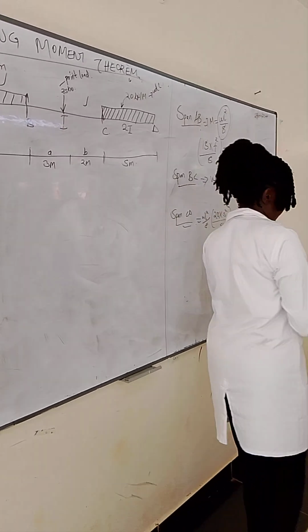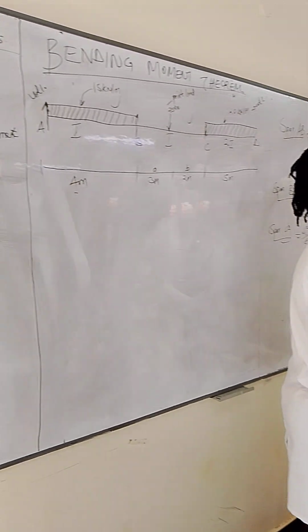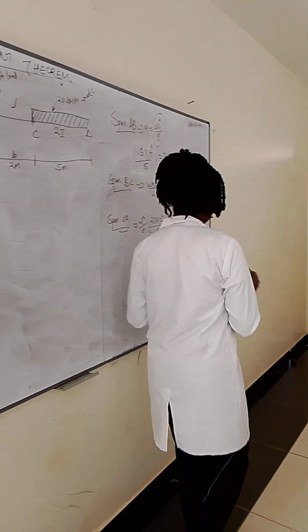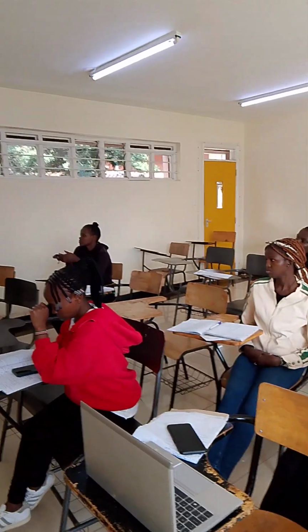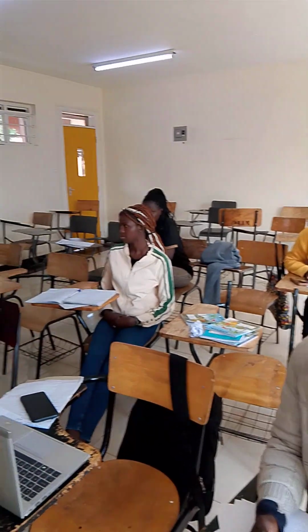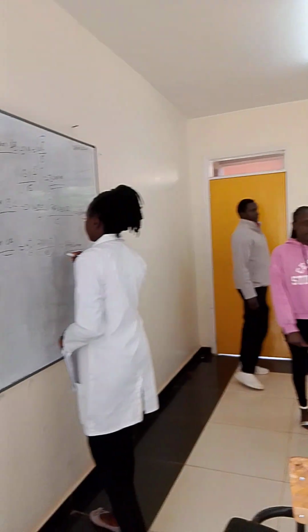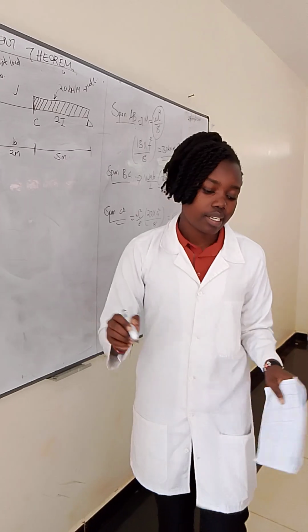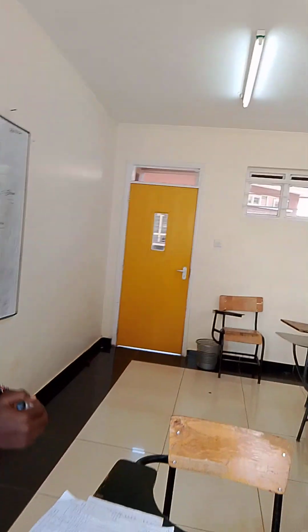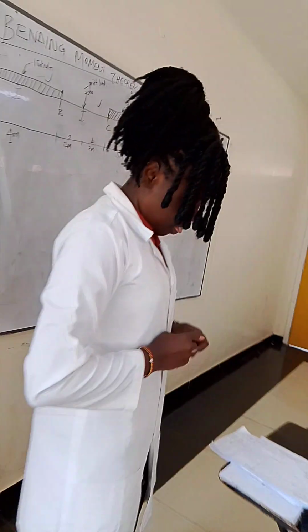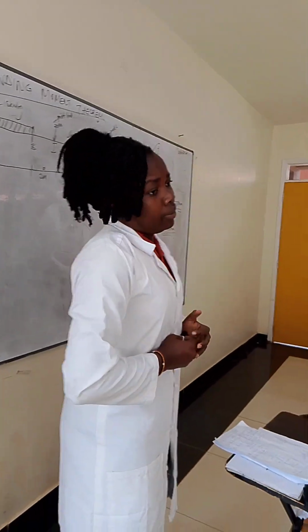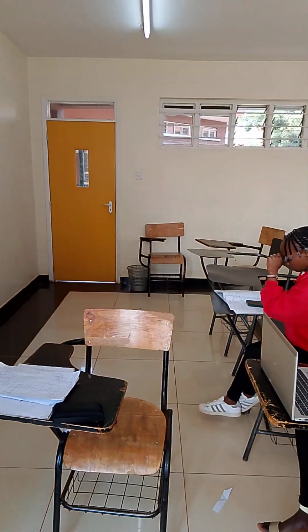What do you get? 62.5. Up there. Who has a question before I continue? Any clarification up to that?